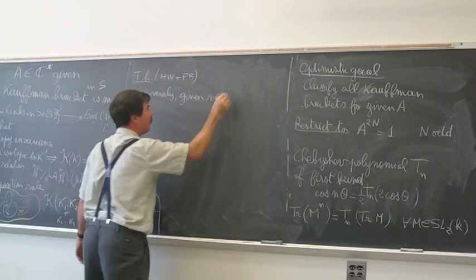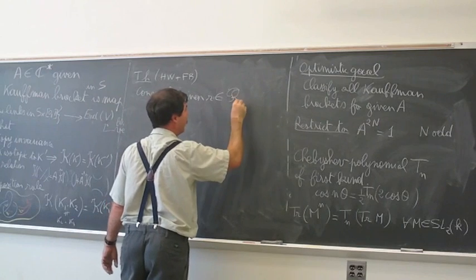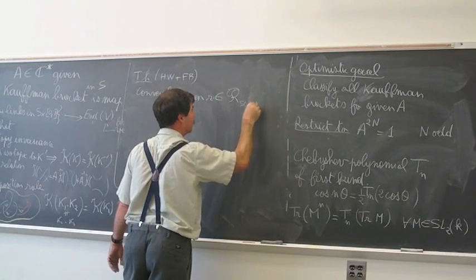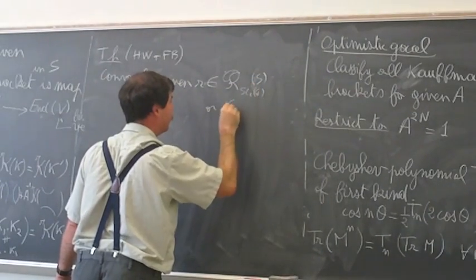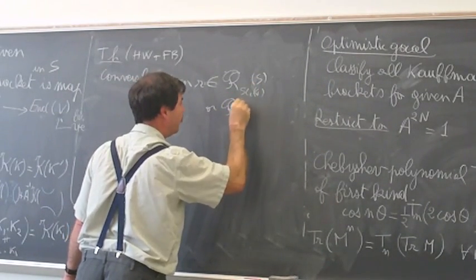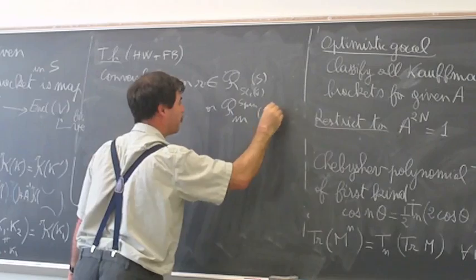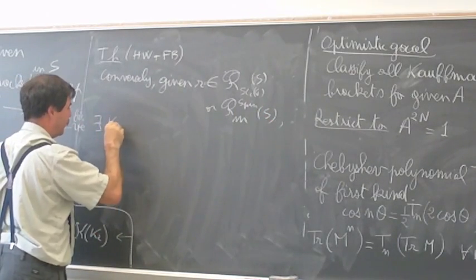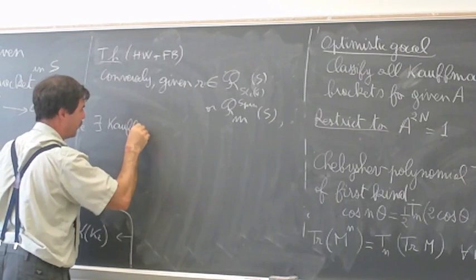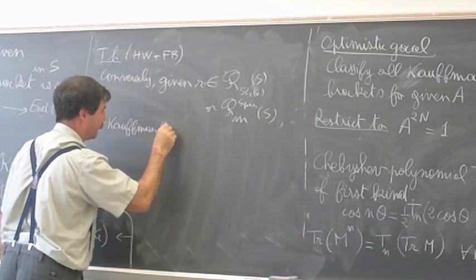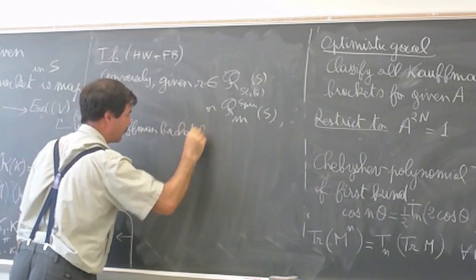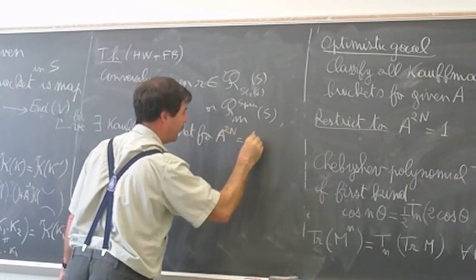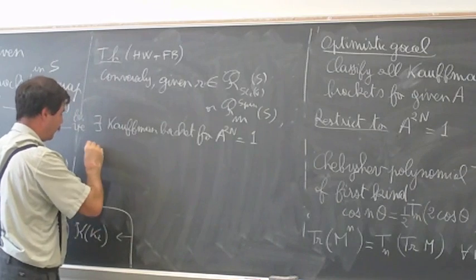Given R in the appropriate character varieties, either SL2(C) or the other one, the twisted one, there exists a Kauffman bracket with A^{2n} equals 1, such that R is its classical shadow.